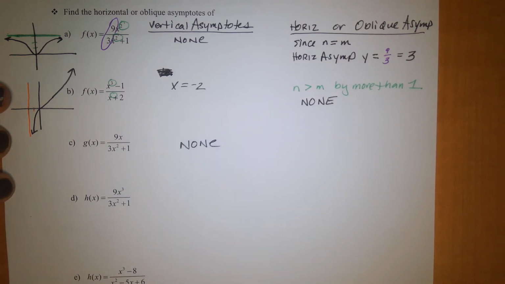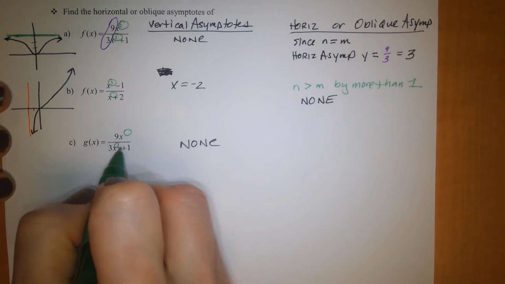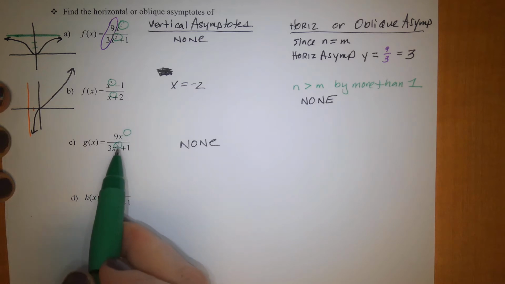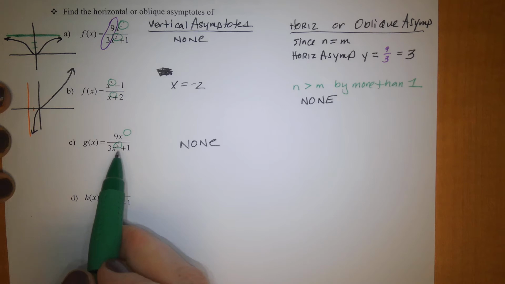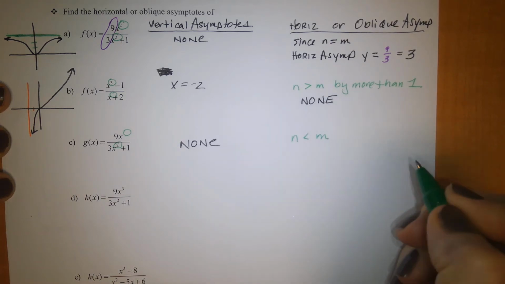To find out if it has horizontal or oblique asymptotes, we check out their degrees. The degree of the numerator is 1, the degree of the denominator is 2. So this is a proper rational function where the numerator is less than the denominator.